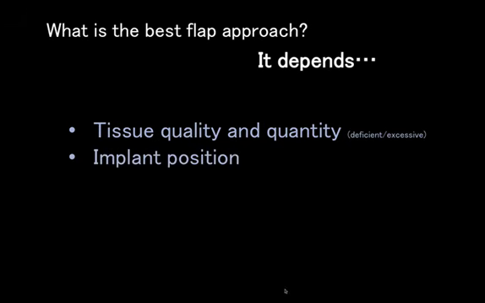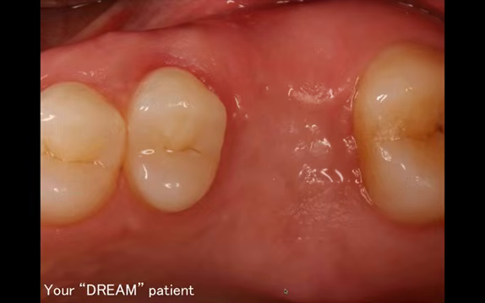You may have great tissue, but it's not where you need it. So you have to factor in the ideal implant position and also your treatment protocol. If you're placing an implant in a 1-stage or a 2-stage, that will determine a completely different flap design. So your flap approach depends on a few factors.